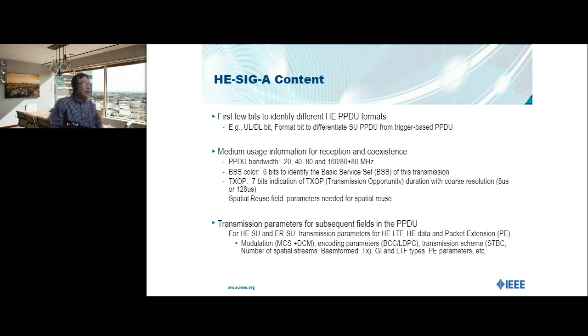The next important part of the signaling A field is about the transmission parameters for the subsequent field in the PPDU. For the SU and ERSU PPDU, this basically includes the transmission parameters for HE-LTF, HE data, and the packet extension field, telling what kind of modulation scheme and coding will be used, what kind of transmission scheme, STBC or MIMO or number of spatial streams, whether it's a beamformed transmission, GI-LTF type, and packet extension parameter.